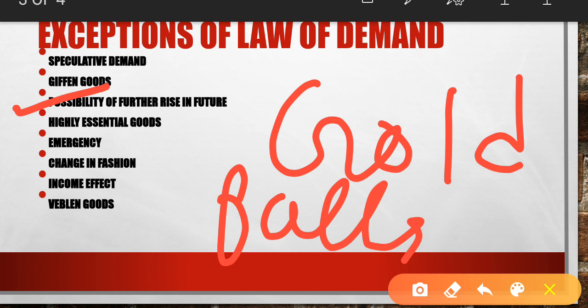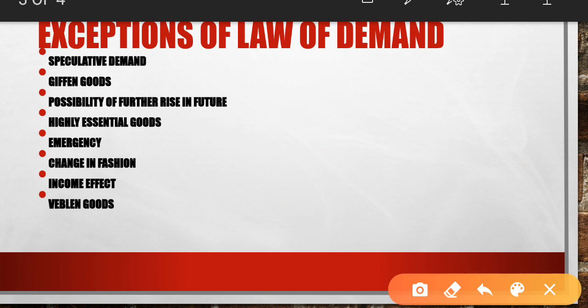In the same way, when the price of gold has gone high, you start purchasing. Suppose you have a marriage in your home, you have started purchasing. Why? Because you feel that if I don't purchase this today, then tomorrow it might become more costly, because generally it happens with gold.